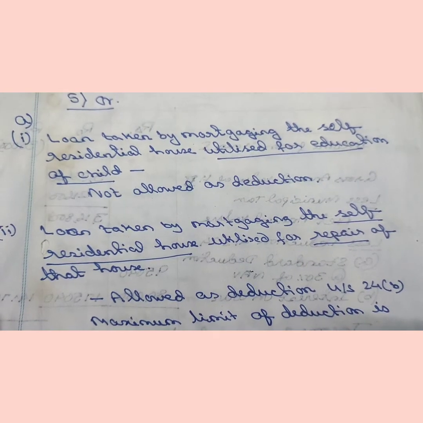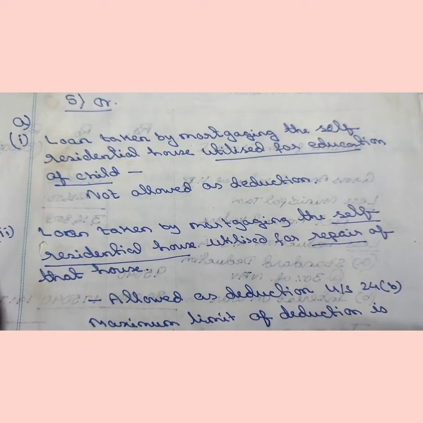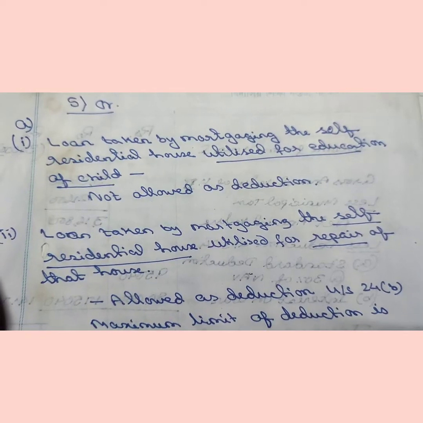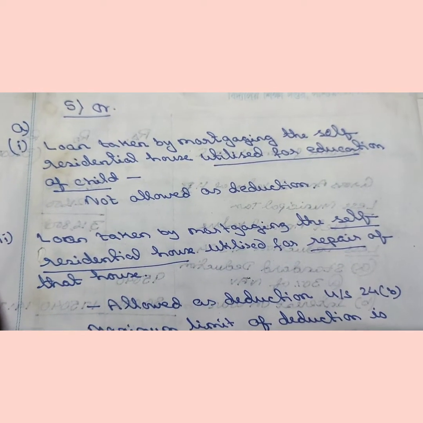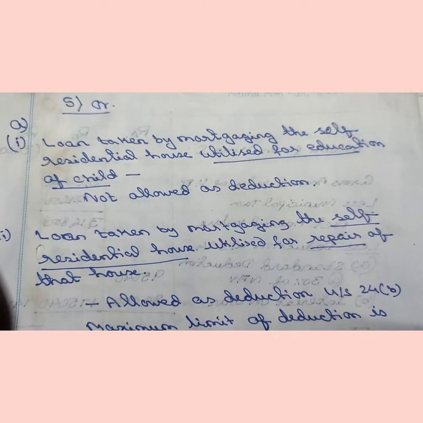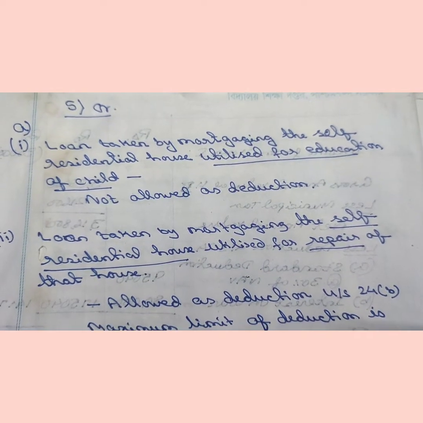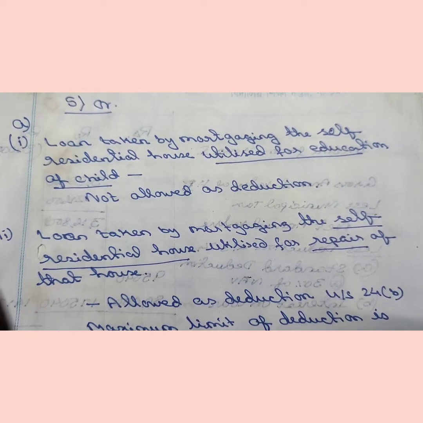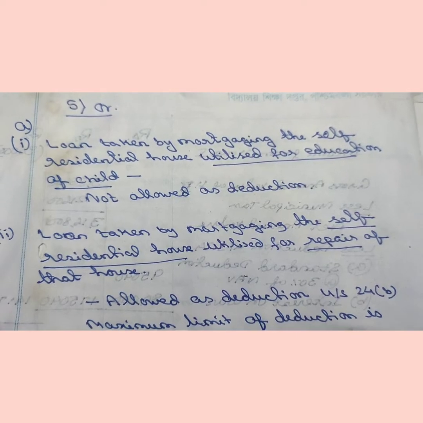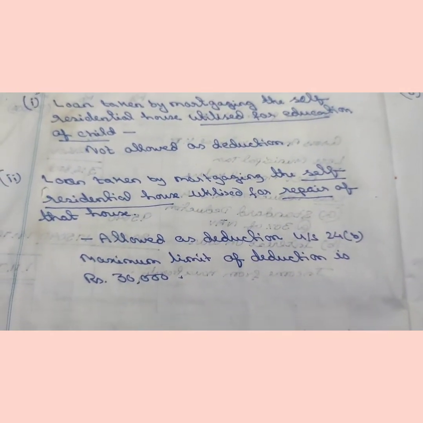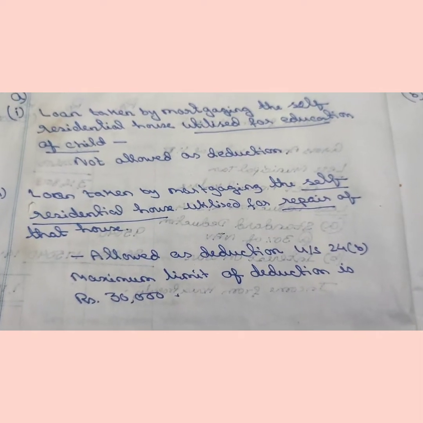Not allowed as deduction. And I have underlined the phrase "utilized for education of child", which emphasizes that this is not allowed as deduction. In the second situation, there is a loan taken by mortgaging the self-residential house.